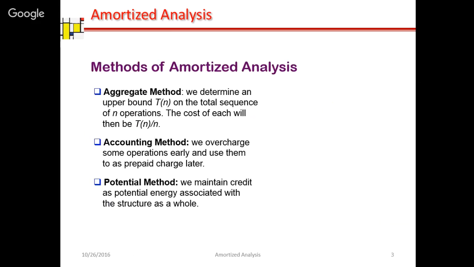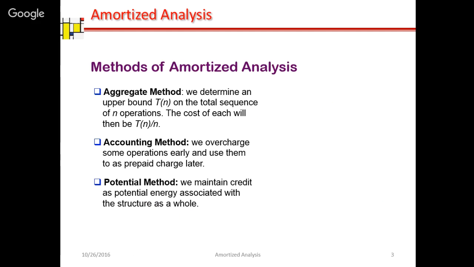So we shall look at different examples or styles of amortized analysis. To start with, we look at the aggregate method of amortized analysis, which determines an upper bound T(n) on the total cost of a sequence of n operations. The cost of each operation will be T(n) divided by n.